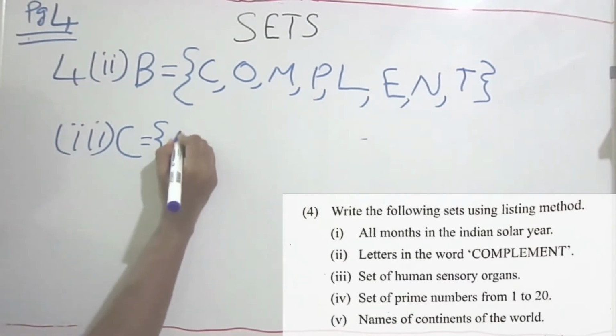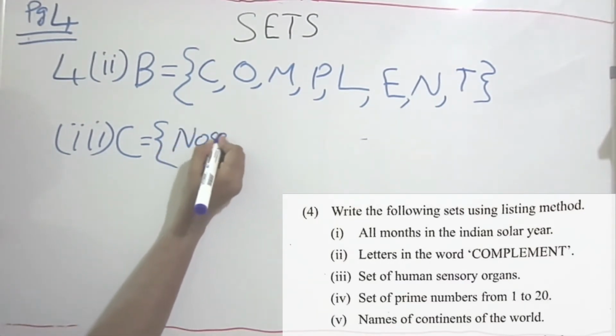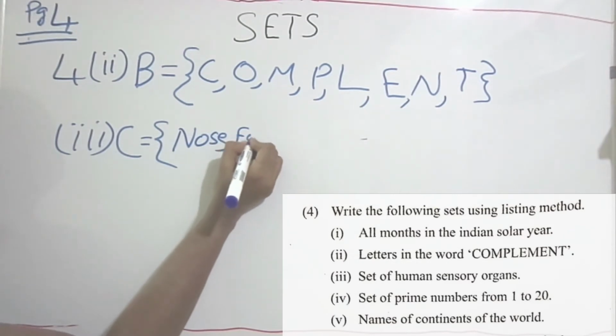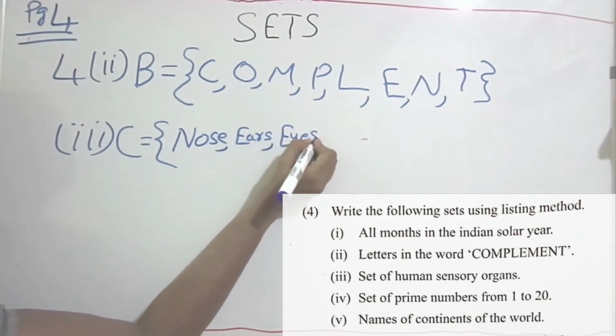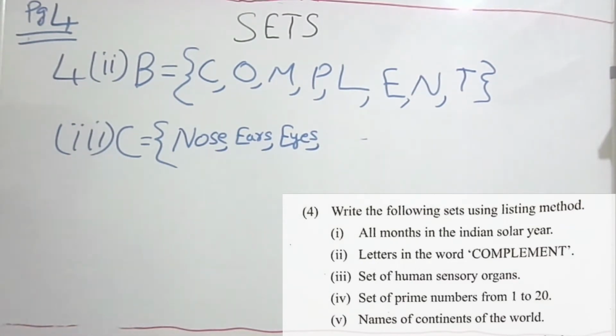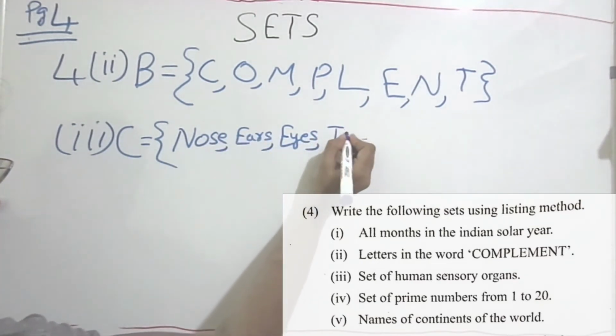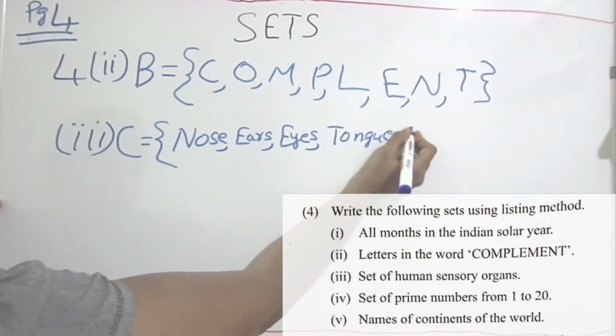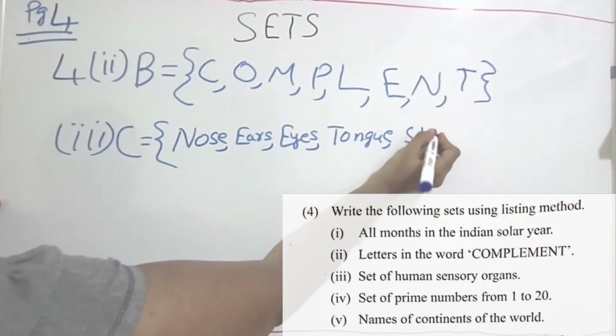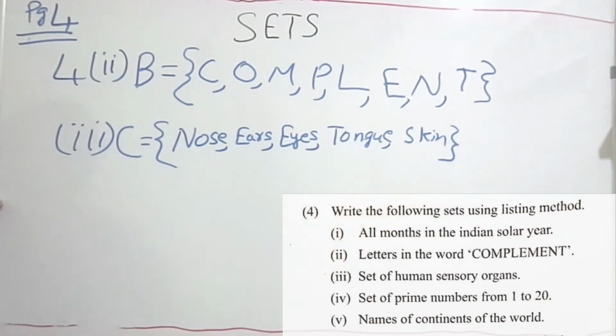Write it down: nose, ears, eyes, tongue, skin. Close the bracket.